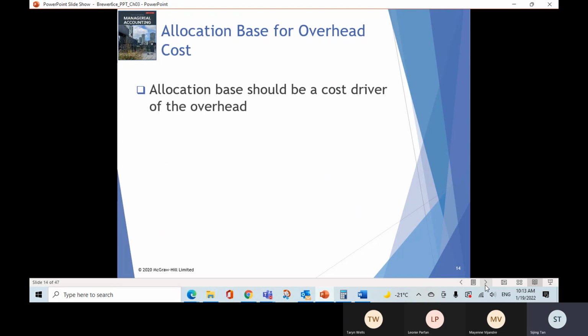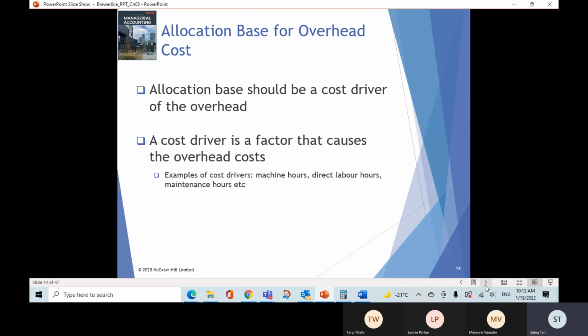Then we talk about the allocation base. The allocation base, such as direct labor hours, direct labor dollars, or machine hours, is used to assign manufacturing overhead to products. Allocation bases are used because it is impossible or difficult to trace this cost to a particular job.